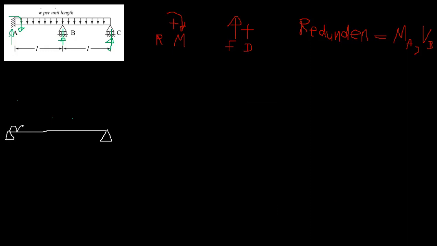It is no longer the original structure, right? The length is 2L. I call this the primary structure, right? I remove the redundants and make it determinate. We can solve this, right? We can solve for forces.